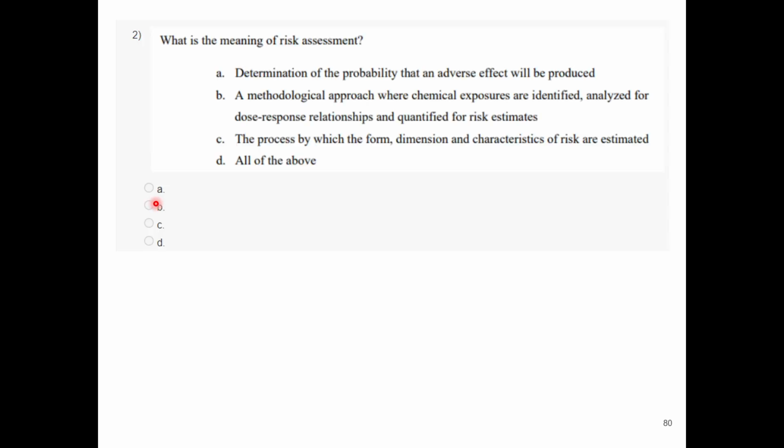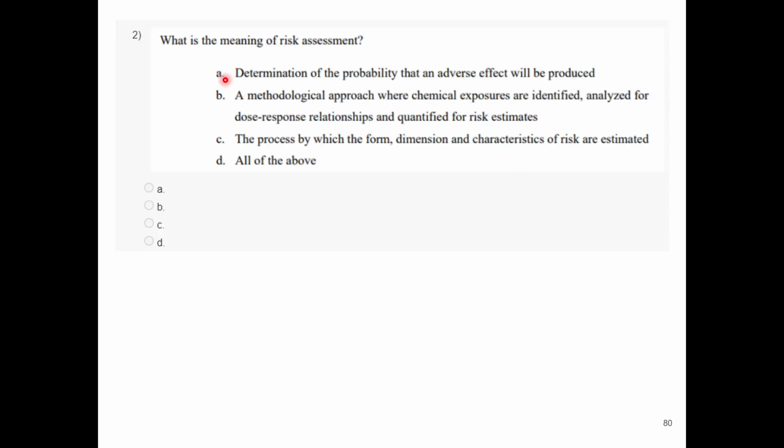If you see here, risk assessment is the process by which the form, dimension, and characteristics of risks are estimated. So the third option, C, is correct. It is also the determination of the probability that an adverse effect will be produced, so A is also correct.